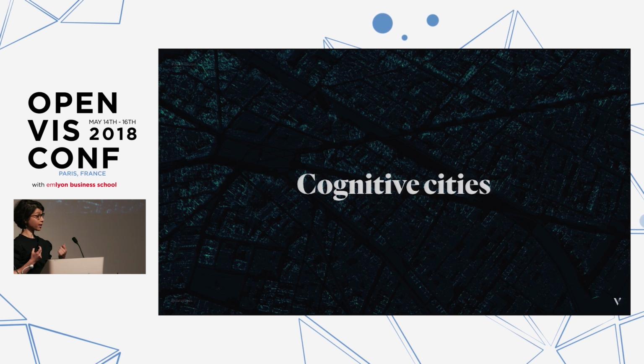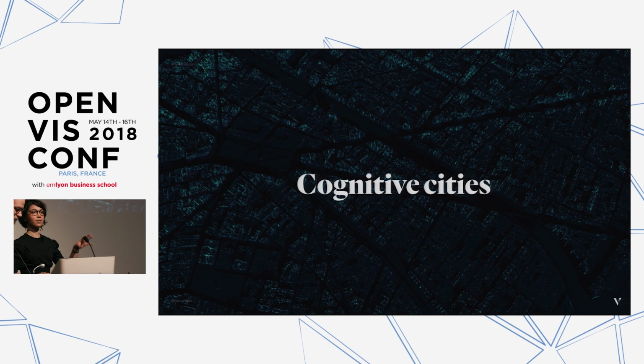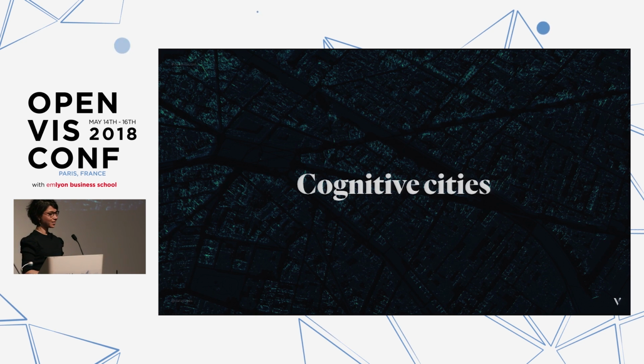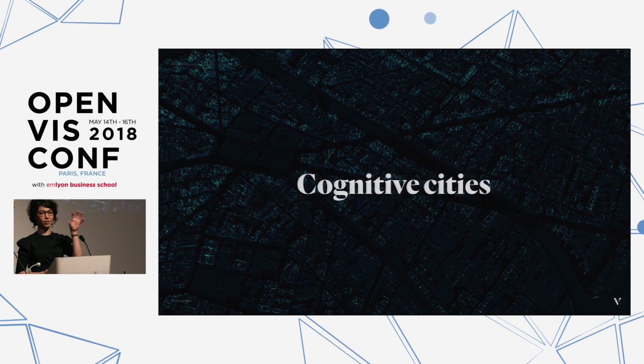And in those cognitive cities, it's interesting because citizens are playing a key role by providing data sets, providing feedback thanks to their data. They also provide lots of things like governments and political stuff, but what interests us is they provide data. So smart city is about data analysis to improve efficiency.